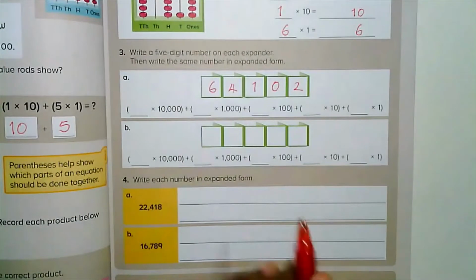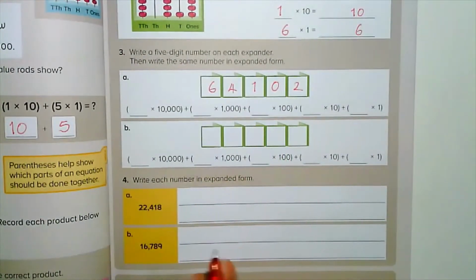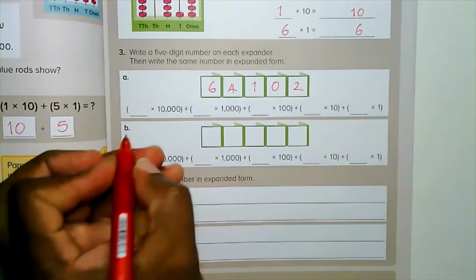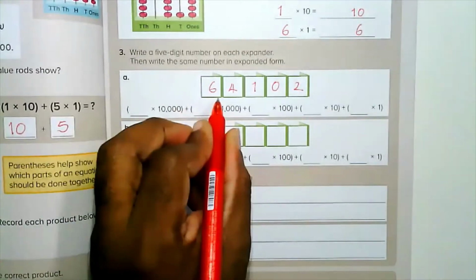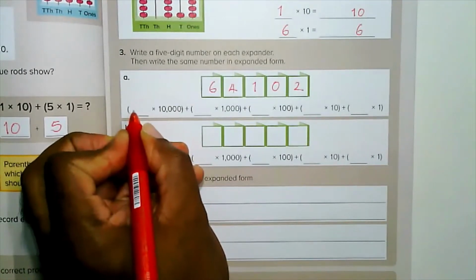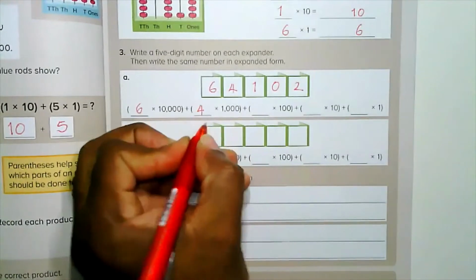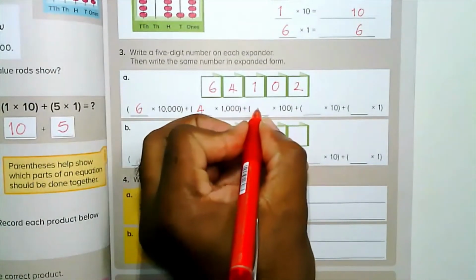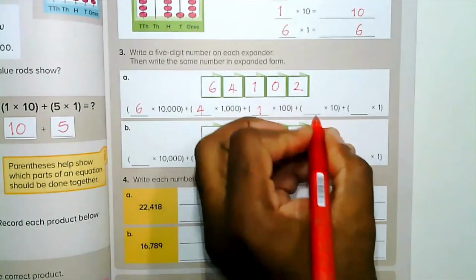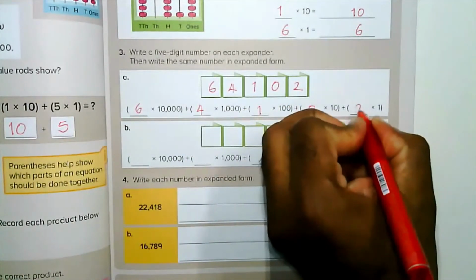So how do we write this in the expanded form? The 6 is in the 10,000s. So we write 6 times 10,000. The 4 times 1,000. 100, we have 1. For the 10, we have 0. And for the ones, we have 2.